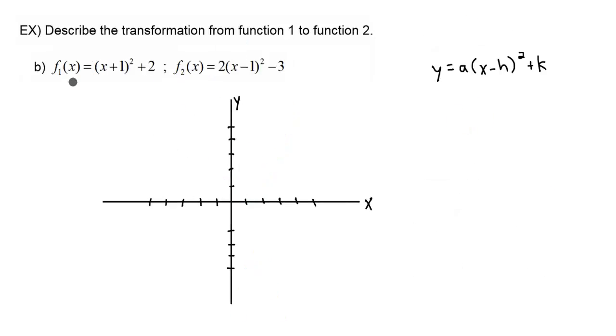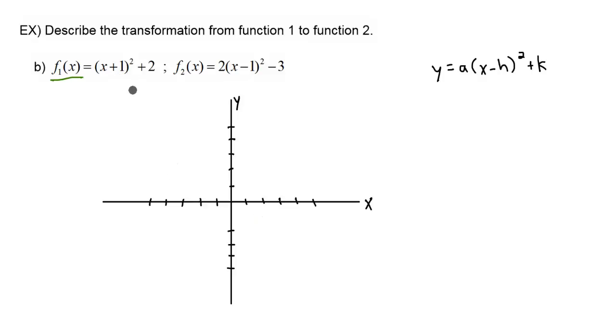In part B, we're going to take the same approach, except it's a little bit harder because we're not starting with the parent function. We're going to start with f1 of x, and I want to plot this on my coordinate system. So like I did with function 2 in my last one, I'm going to use my vertex form along with my vertex, plot my vertex first, and then I'll add in the curves.